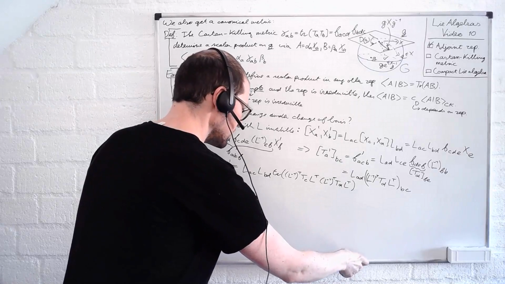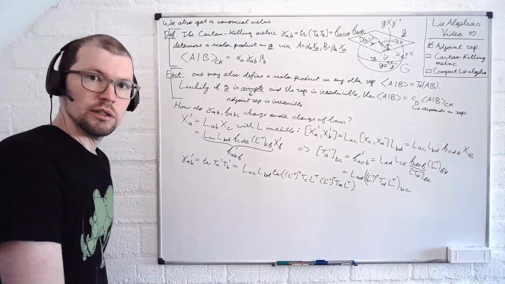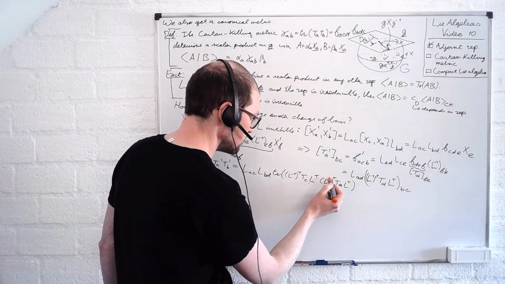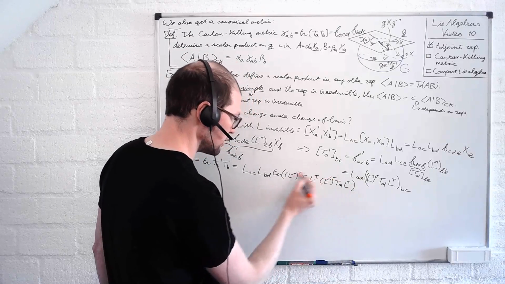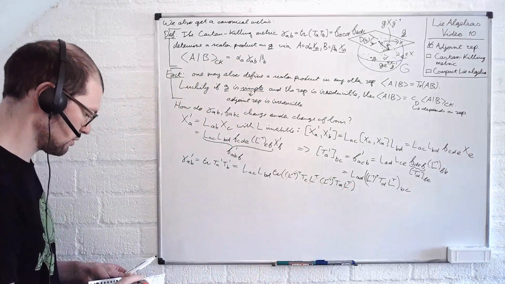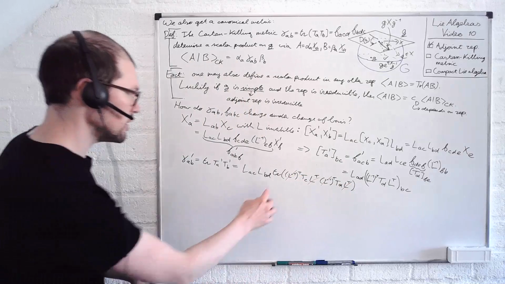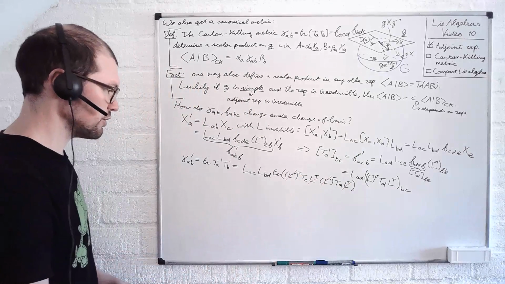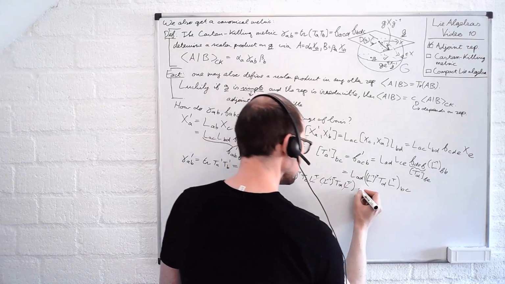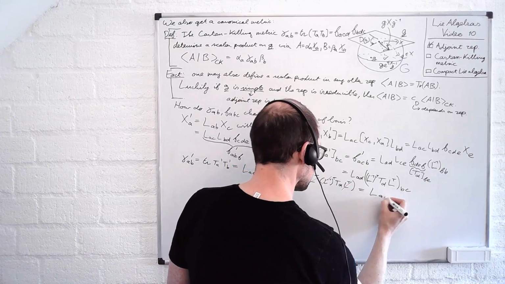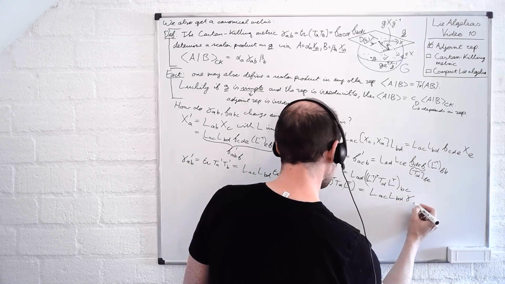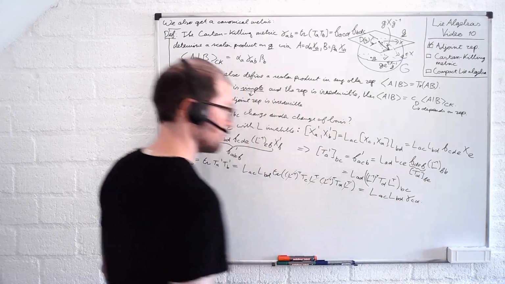Now we observe that this conjugation drops out of the trace. This term cancels that one, and by the cyclicity of the trace, this one is going to cancel that one. So we're left with just the Cartan-Killing metric of the original basis. So this is L_AC L_BD gamma_CD.